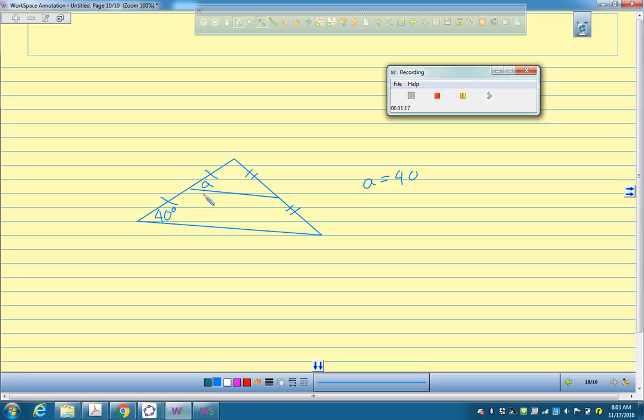What if I told you that this was 20 over here, and this is 5x plus 10, okay? And I say find x. Could you do that? Yeah. How? Who can tell me how to find x?